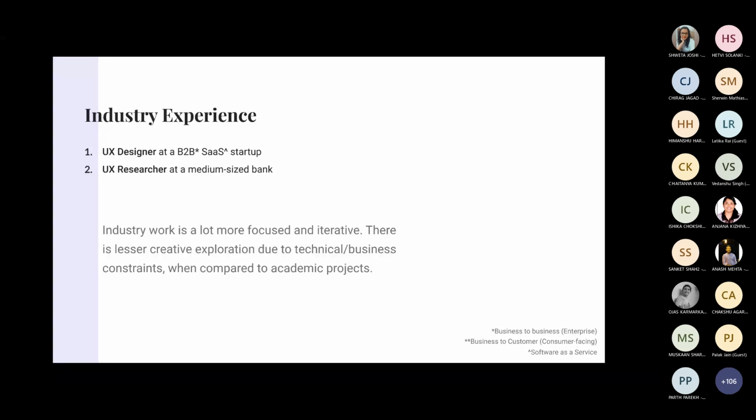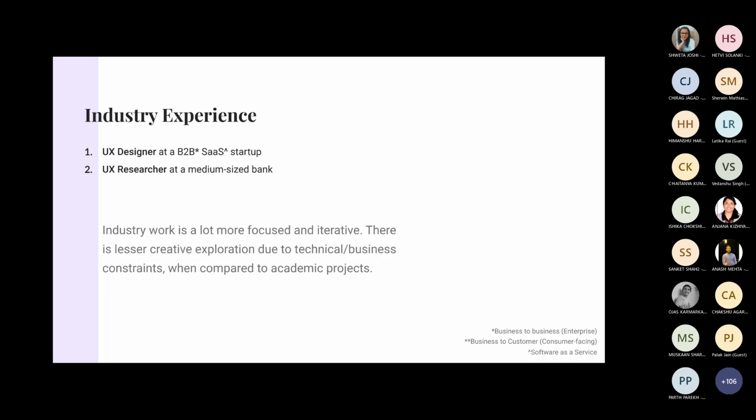And something I have realized over time is that I did not like being a UX designer, mainly because I was expecting it to be like the academic projects that I had done at Georgia Tech. But I realized that industry work is a lot more focused and iterative. At Georgia Tech, you would start with a problem statement, do a project, and then just leave it there.